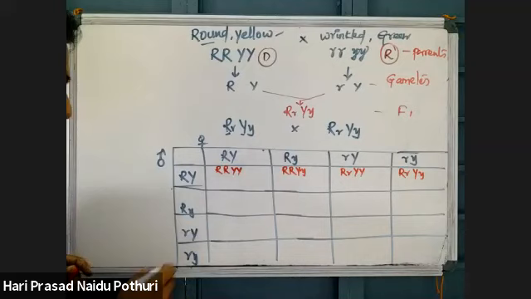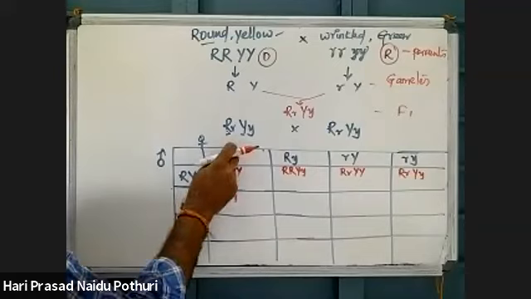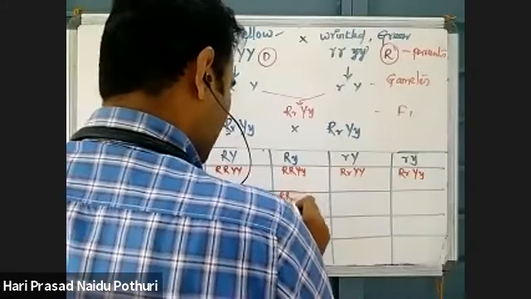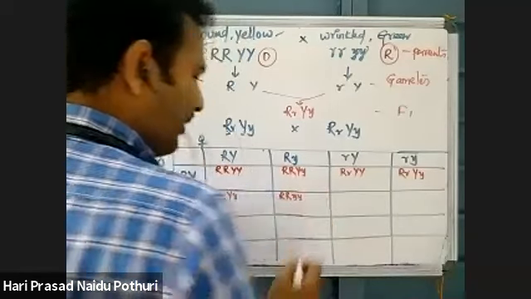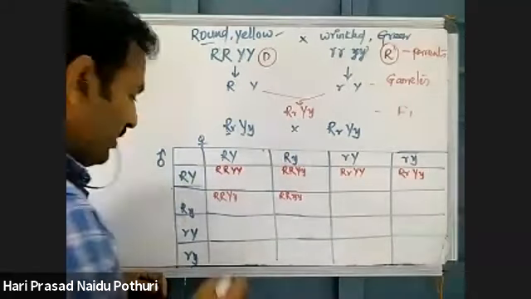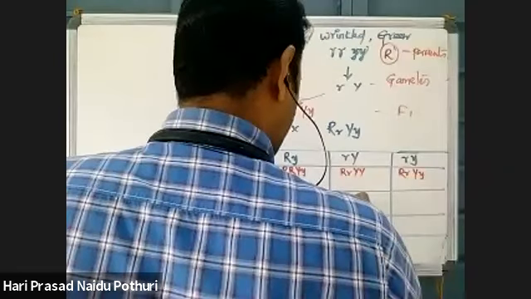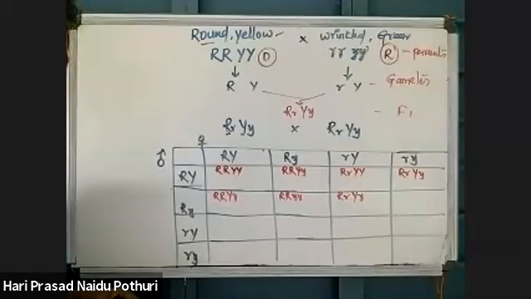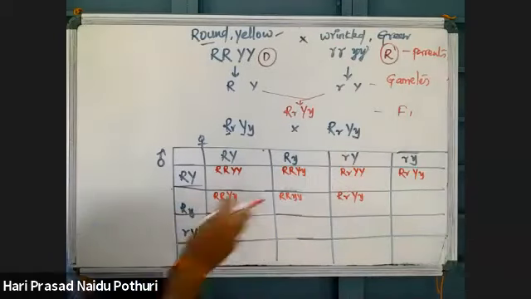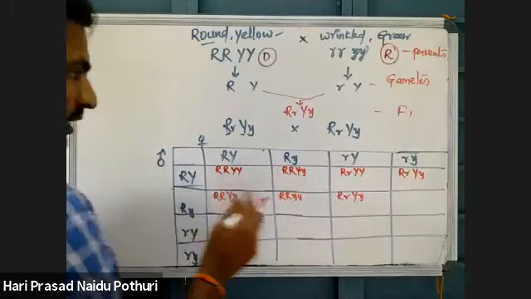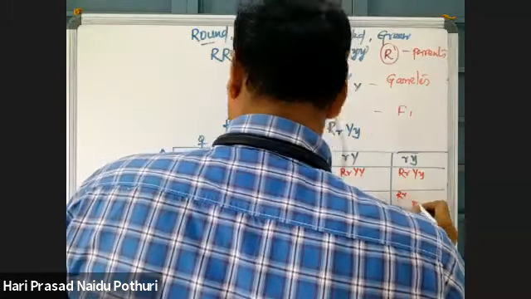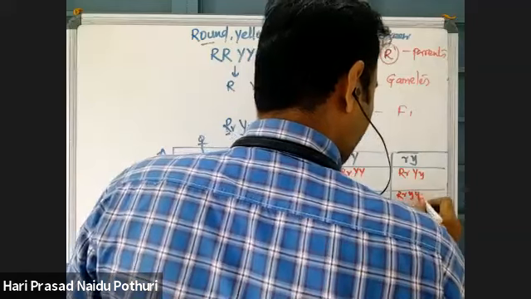Here capital R, capital R, capital Y, small y. Capital R, capital R, capital Y, small y. And here capital R, small y, small y. And capital R, small r, capital Y, small y. Capital R, small r, capital Y, small y. Capital R, small r, small y, small y.